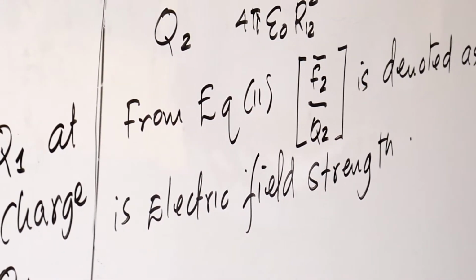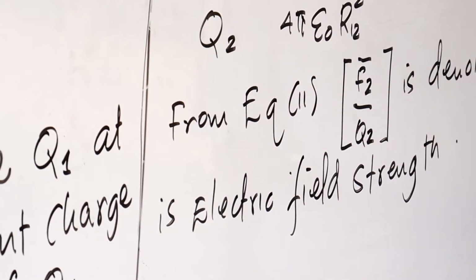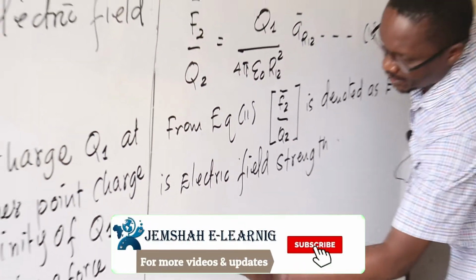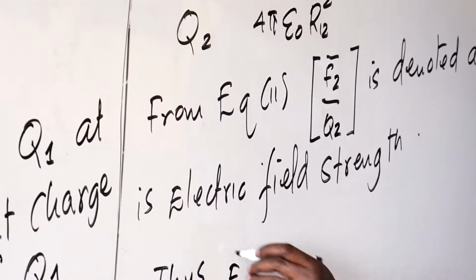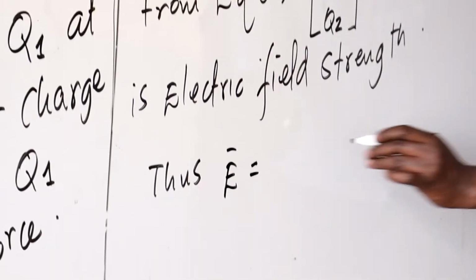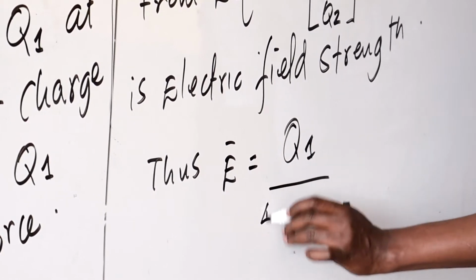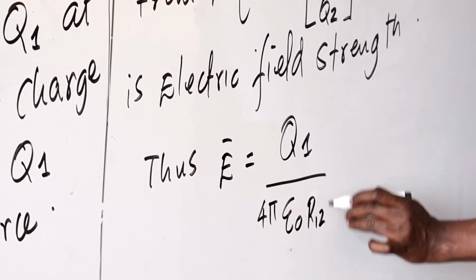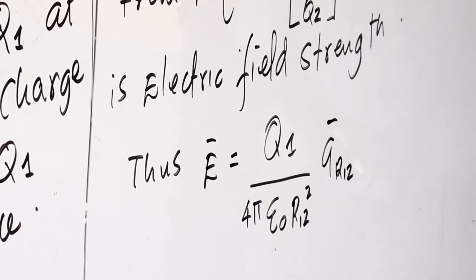So then E bar will be the same as Q1 all over 4 pi epsilon naught R12 squared aR12 bar.